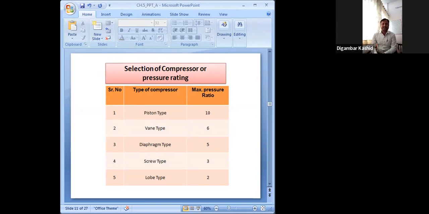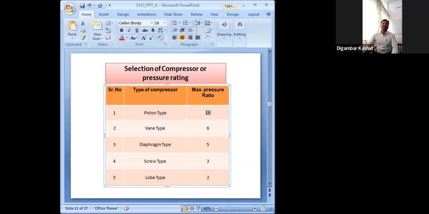Here I have given some pressure ratings with respect to some types of compressor. You can see if you want a pressure ratio of 10, then you can select the piston type, that means single stage, double stage, or multi staging air compressor. The reciprocating piston type is a reciprocating compressor.